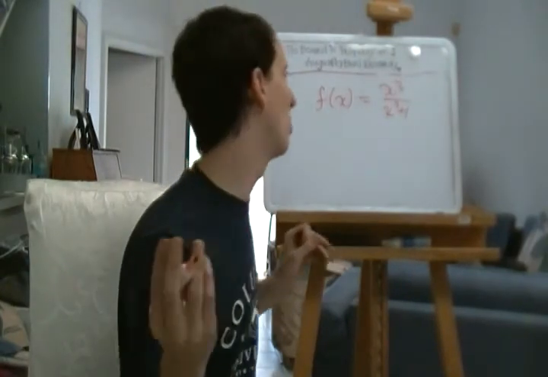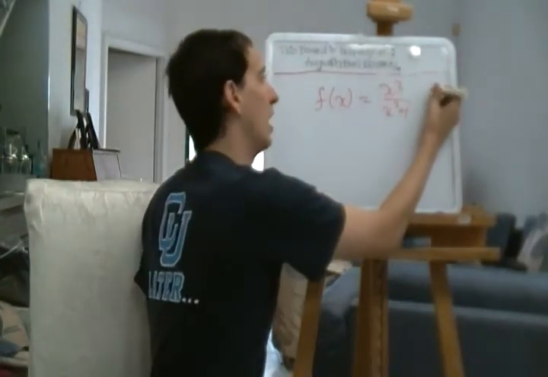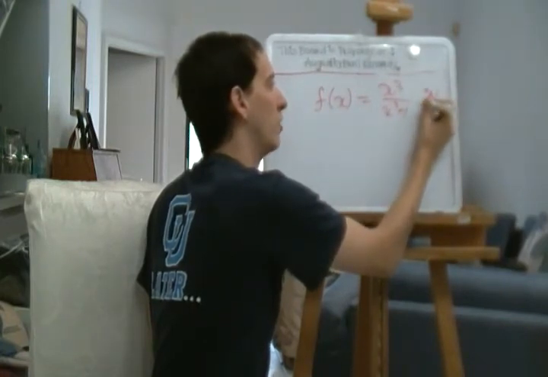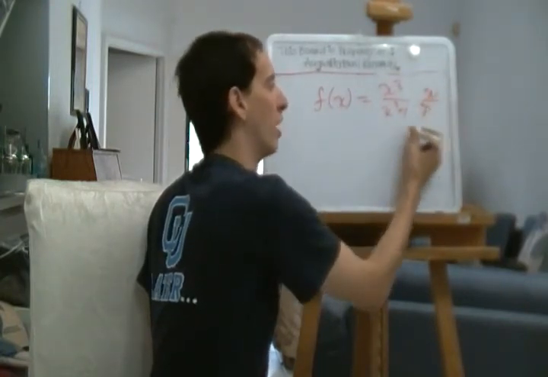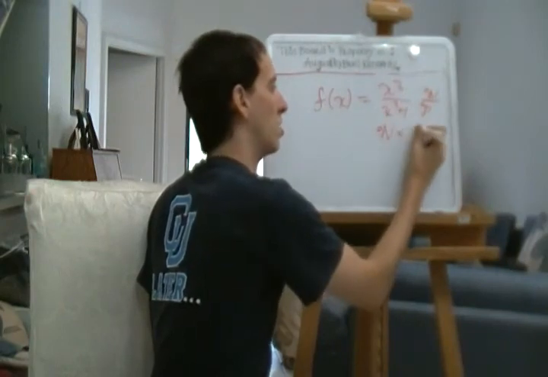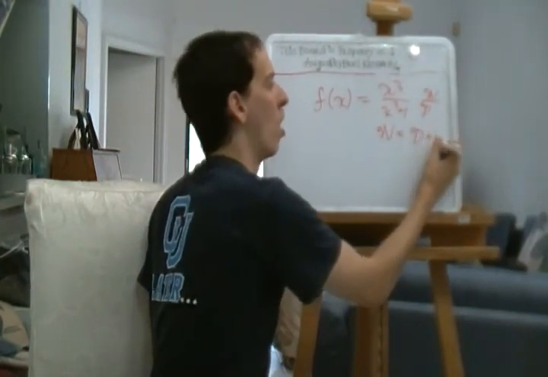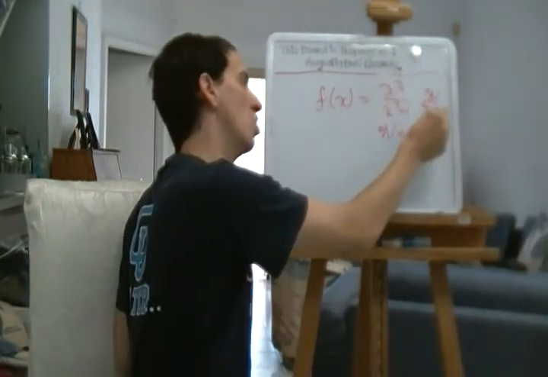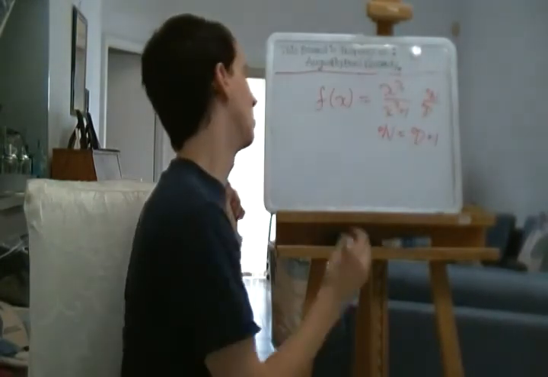Remember we talked about polynomial degrees? If the degree of the numerator is the degree of the denominator plus 1, you'll have a slant asymptote. 3 equals 2 plus 1, slant asymptote.